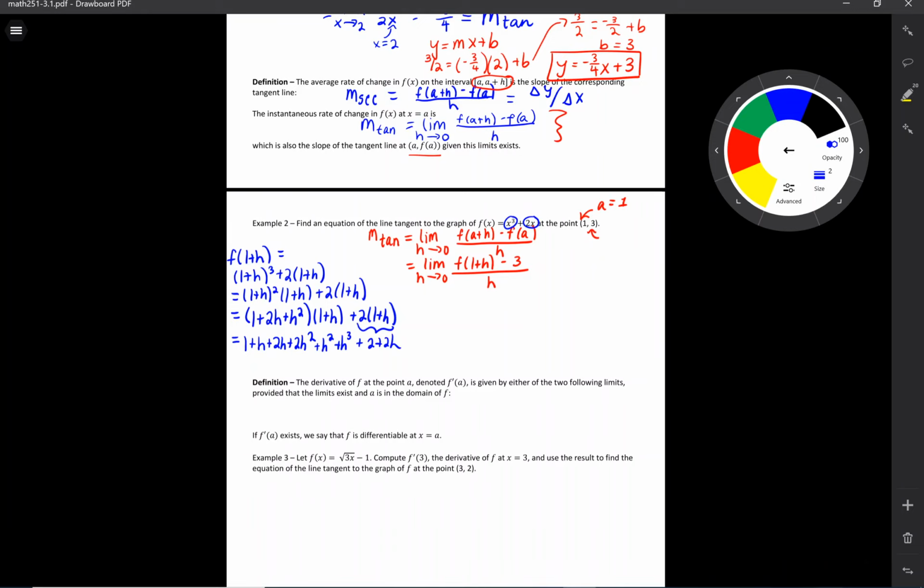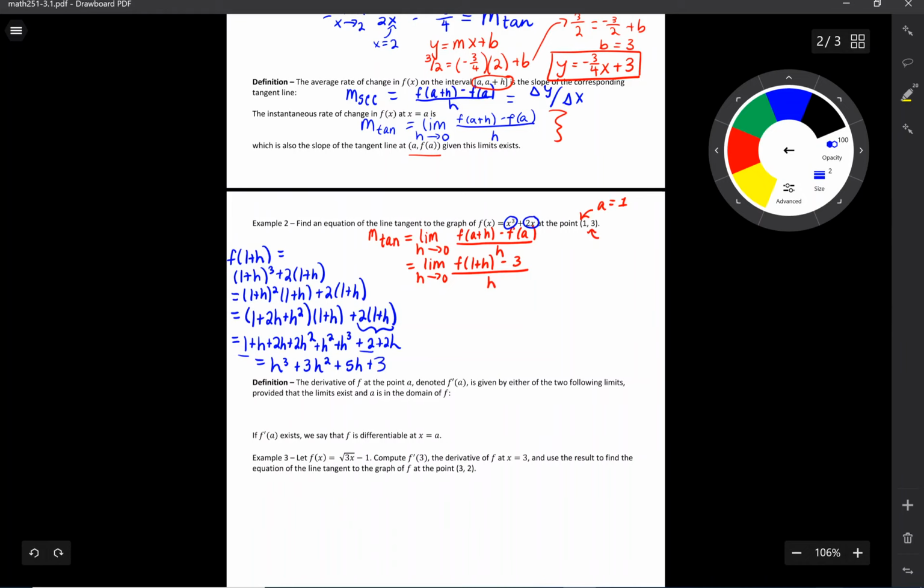And combining like terms gives me h cubed plus 3h squared plus 5h plus 1. So this is f of 1 plus h. Oh, actually, sorry, it's plus 3. I have a 1 and a 2 here.